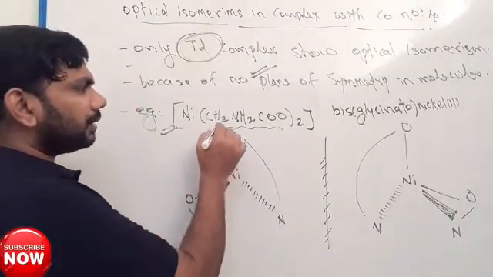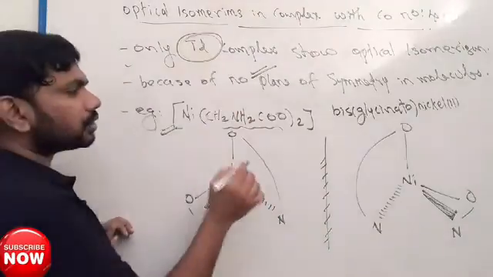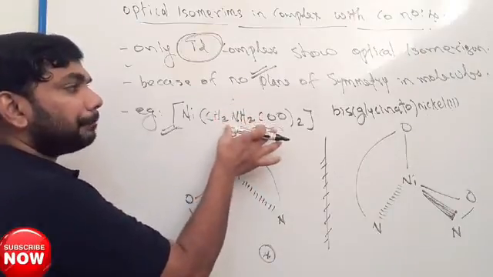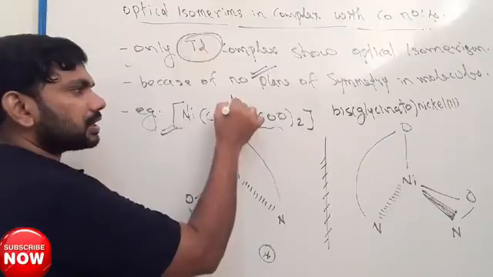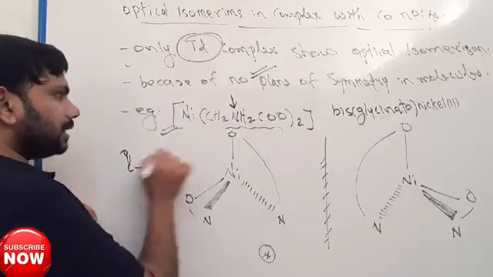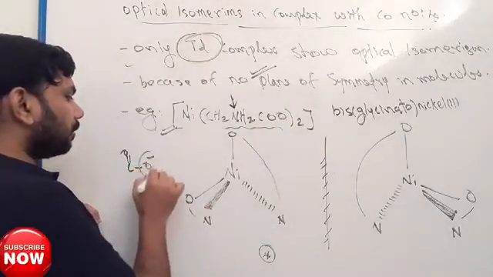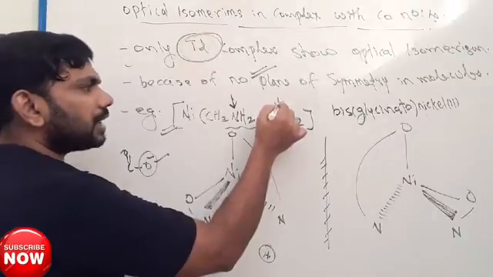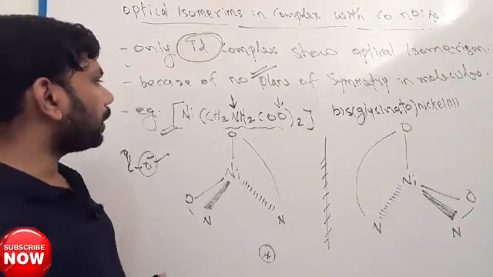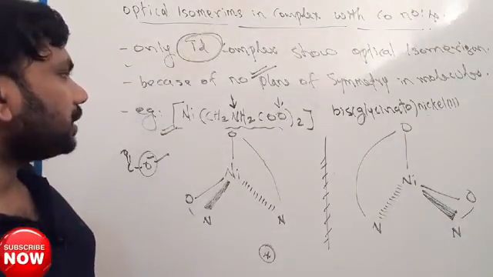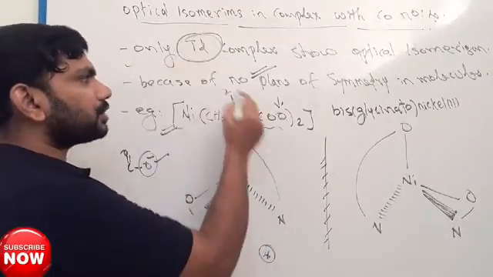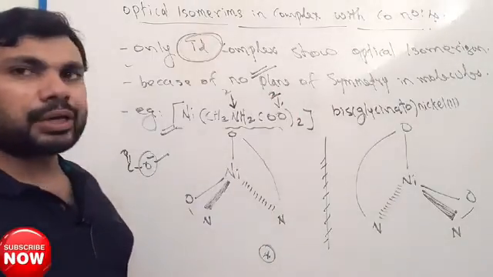Here nitrogen donates an electron pair, and it is C double bond O minus, that is COO. One of the oxygens and the nitrogen donate electron pairs to the central metal atom, that's why it is a bidentate ligand. It is present twice, so there will be 2 nitrogen and 2 oxygen. That's why the coordination number is 4.